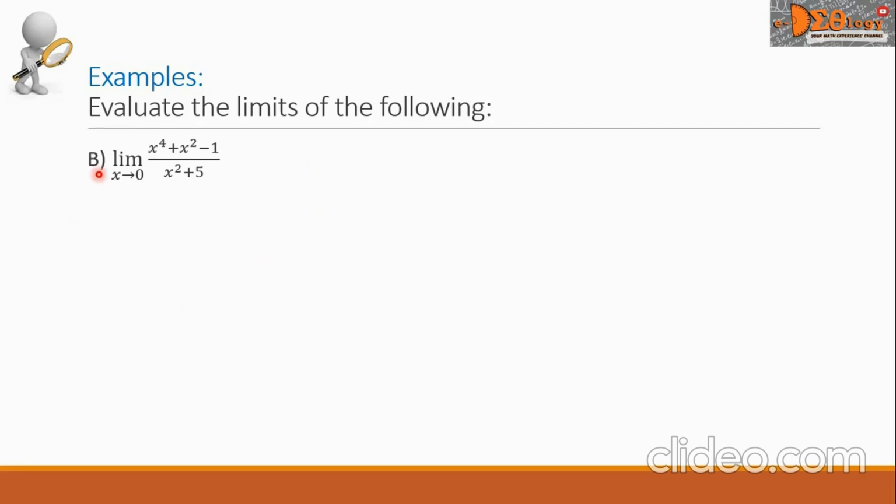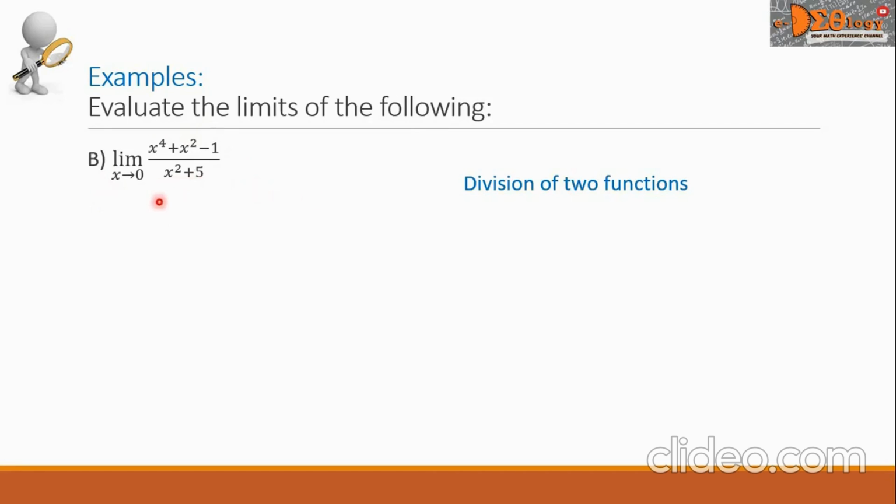Example B. The limit of the function x raised to 4 plus x squared minus 1 all over x squared plus 5 as x approaches 0. This is an example of division of two functions.